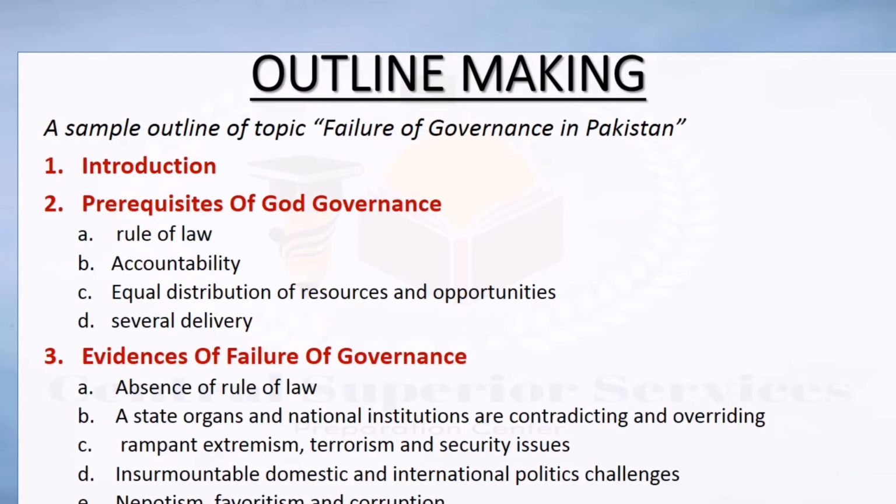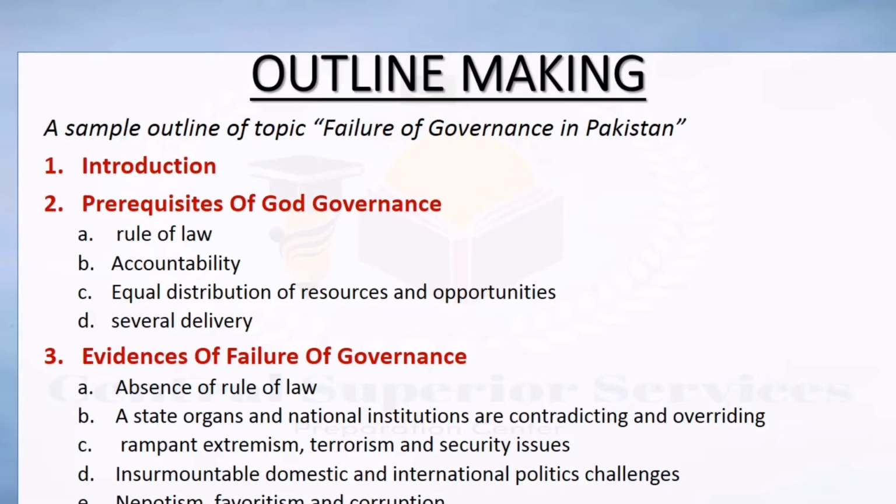An outline is the skeleton of an essay. It should be very comprehensive and elaborated. A sample outline of the topic failure of governance in Pakistan. There may be a suitable outline for the mentioned topic like first introduction, then tell about the prerequisites of good governance like rule of law, accountability, equal distribution of resources and opportunities, and service delivery.